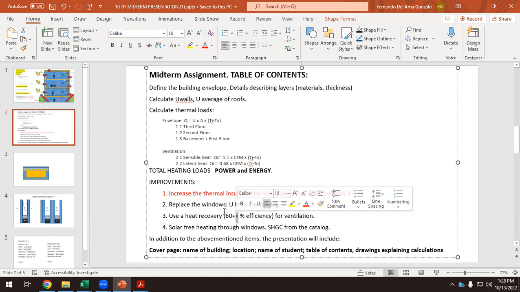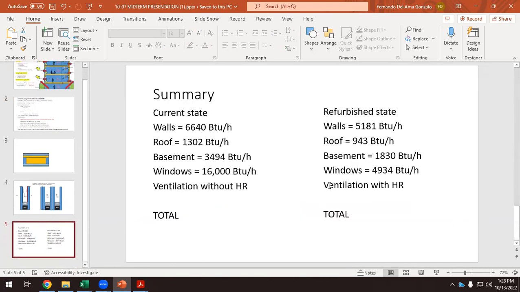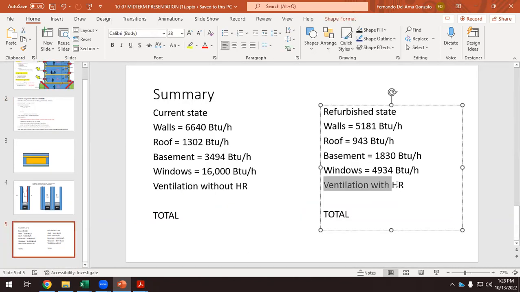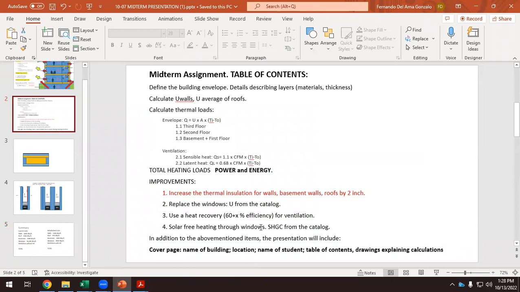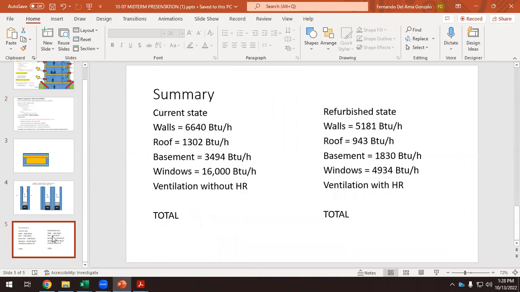That will be the heat recovery, but you will have different values for heating loads when you are using it. With the ventilation with heat recovery, your value should be different, because it depends on that efficiency. Okay, so that's the conclusion to this.